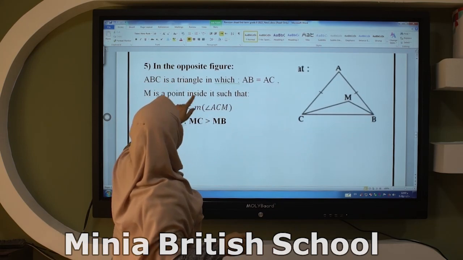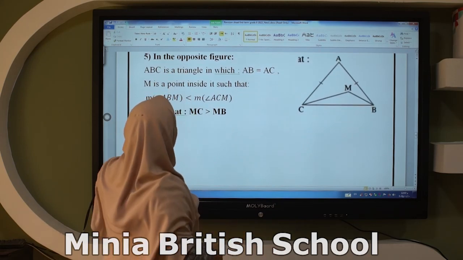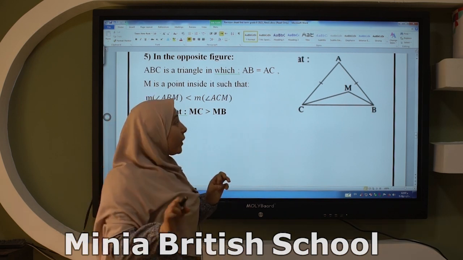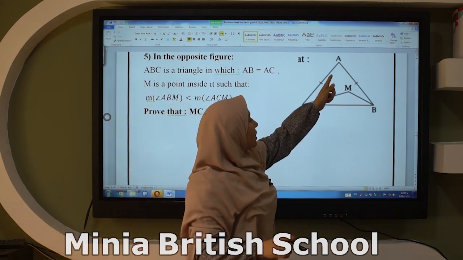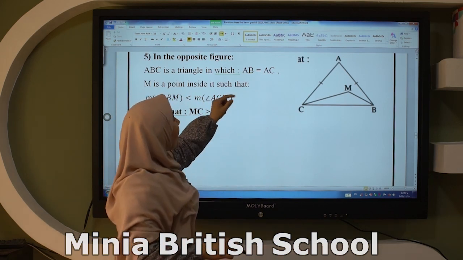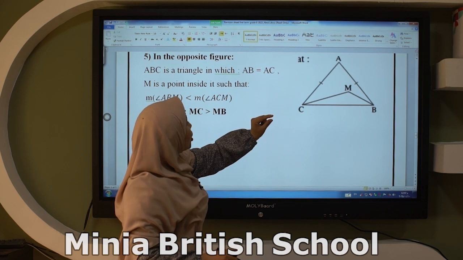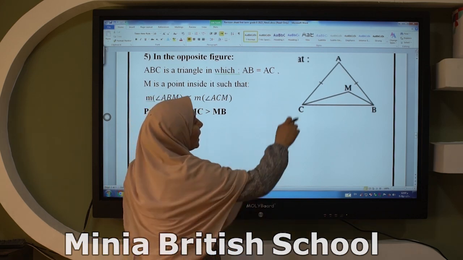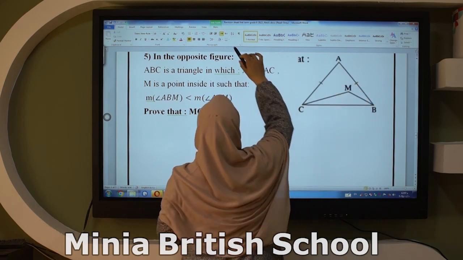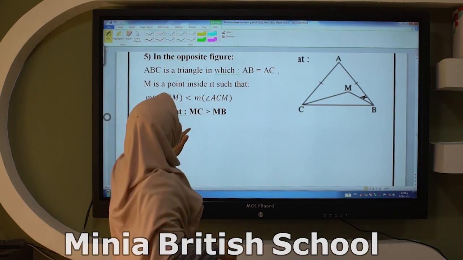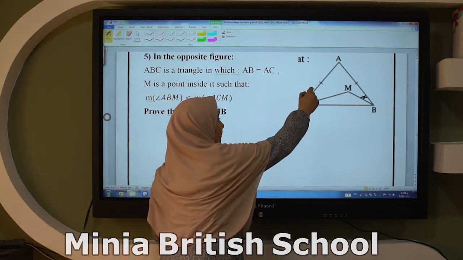The next one. In this figure, I have APC isosceles triangle where AB equals AC. Okay. And M is a point inside it, such that measure of angle APM less than measure of angle ACM.